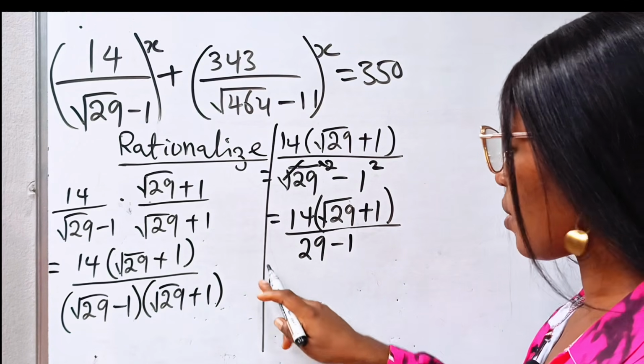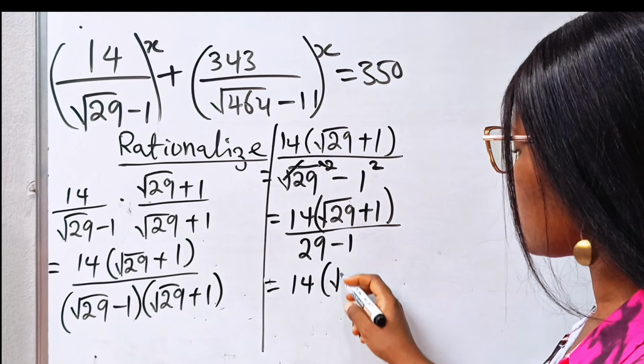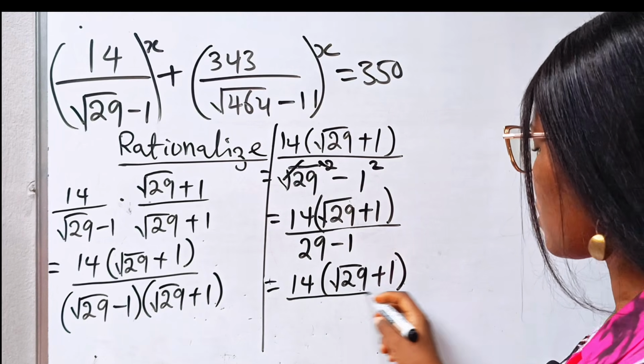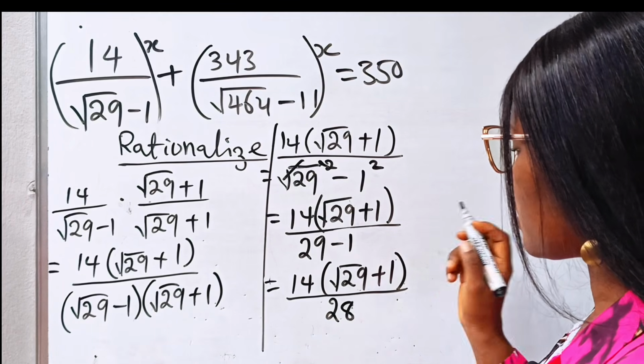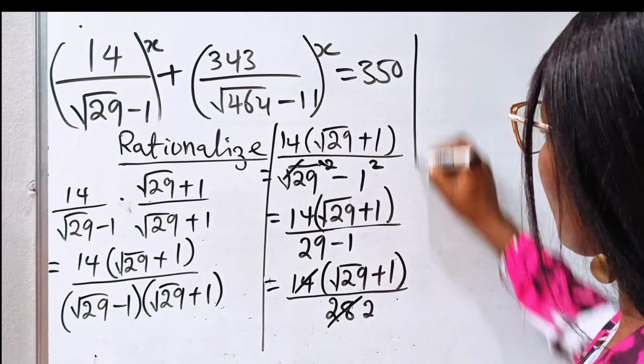All right. So this is equal to 14 bracket root 29 plus 1 divided by 28, sorry, and 14 will go into 28 two times.